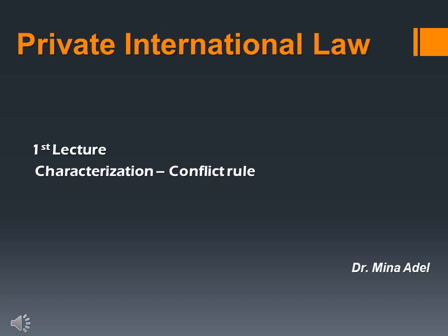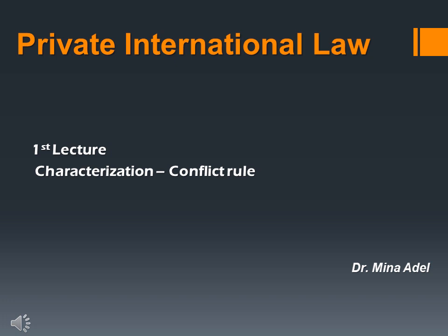For example, it will mention when the Egyptian law is applied, and to which case. So it only fixes the application of the Egyptian law or the domestic law. So, for example, we say that concerning immovables in Egypt, we will apply the Egyptian law. Okay, this is a unilateral conflict rule.